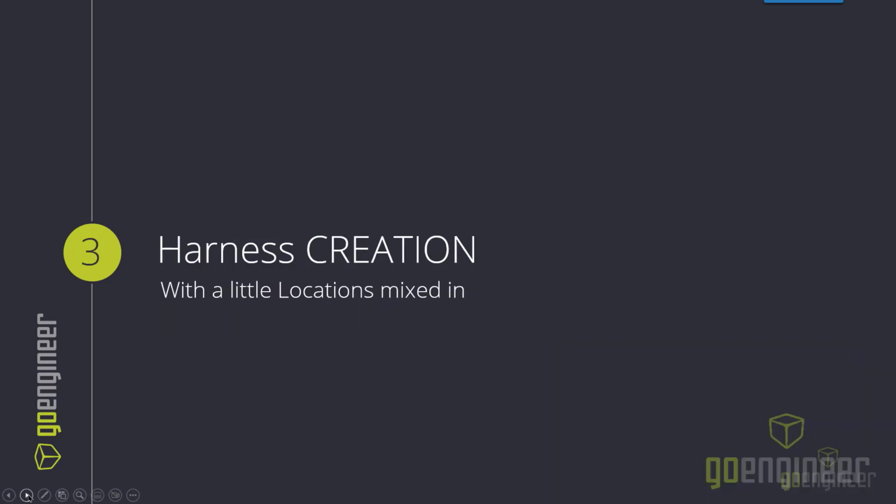So next slide. Yay, harness creation. I'll also toss in a little location mixed into it. The reason for doing location with harnesses is that harness creation, as you'll see here in a moment, visually doesn't do anything for the end consumer.